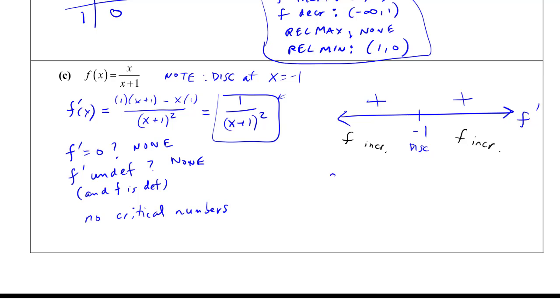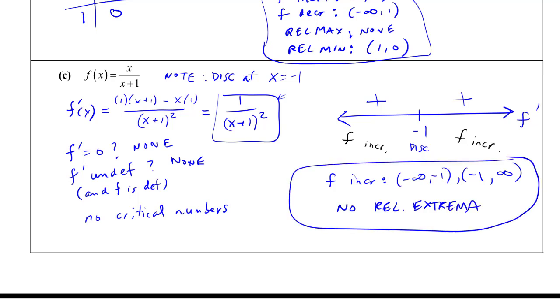And so we could say f is increasing on -infinity to -1 and -1 to infinity. Now we shouldn't actually say -infinity to infinity because at -1 the function isn't even defined, so we wouldn't want to include that anywhere. It's not decreasing anywhere, and there's no relative extrema. So that's all we have.